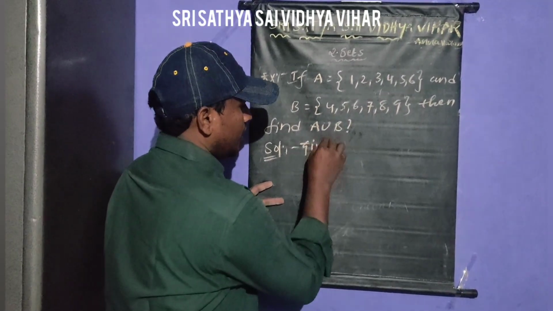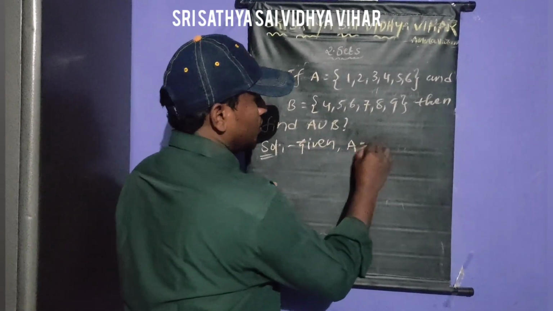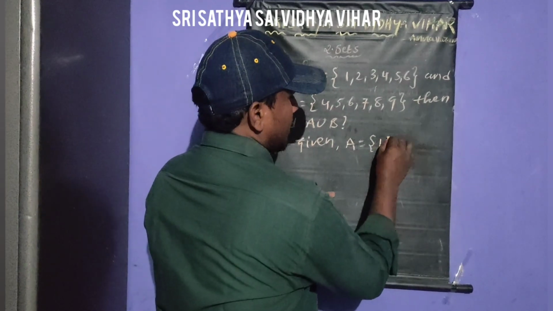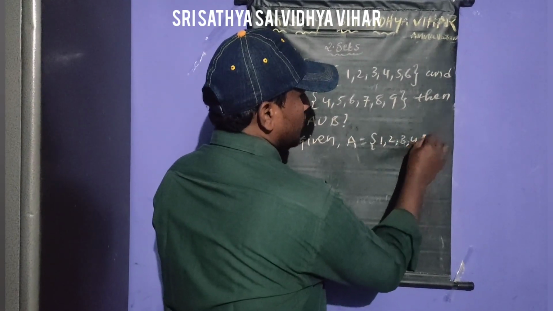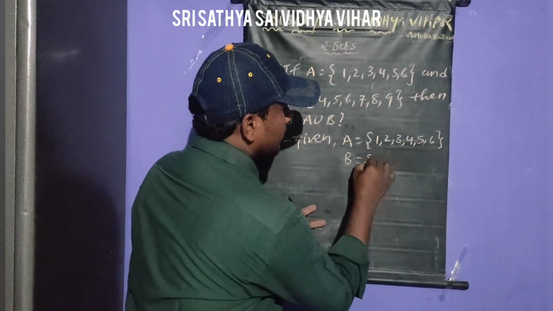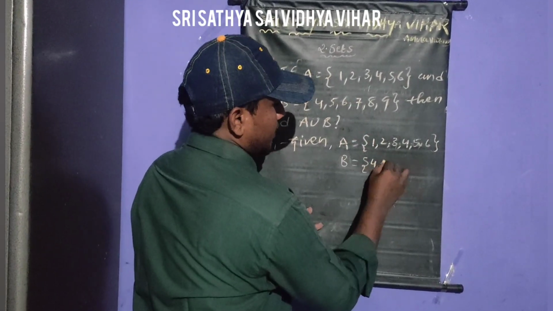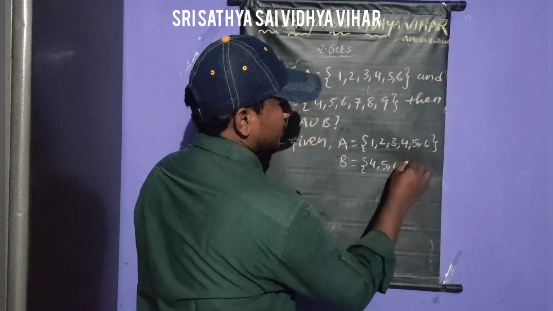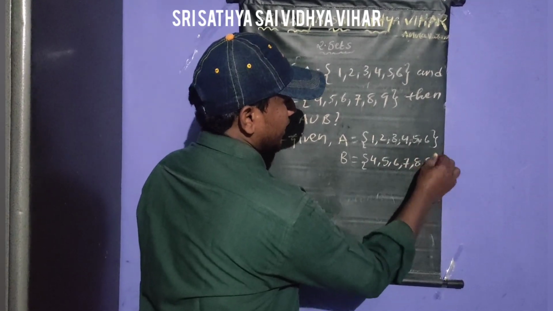A is 1, 2, 3, 4, 5, 6. B is 4, 5, 6, 7, 8, 9.